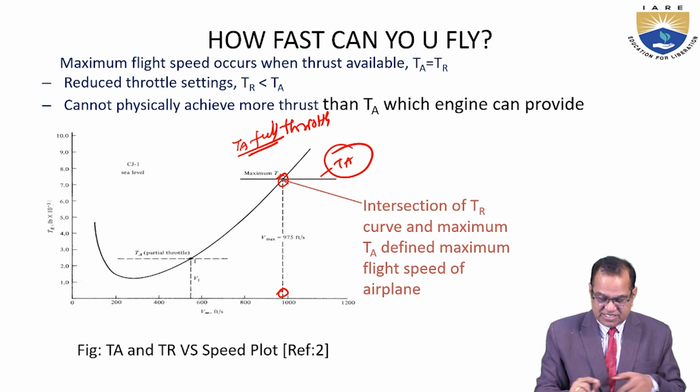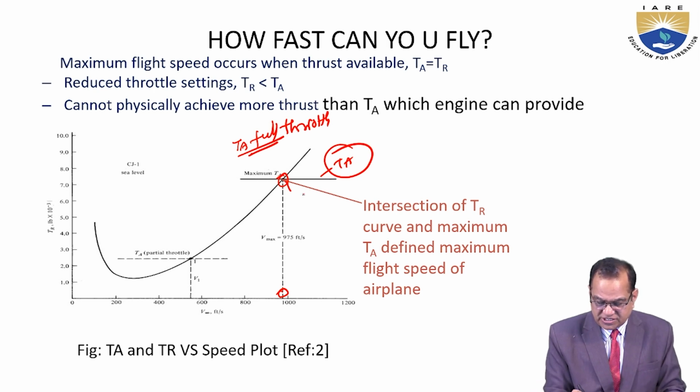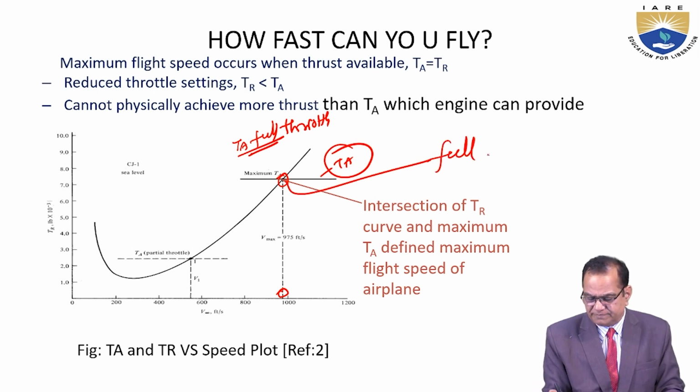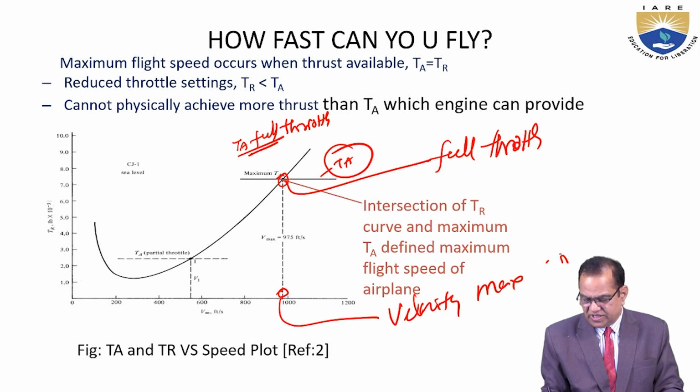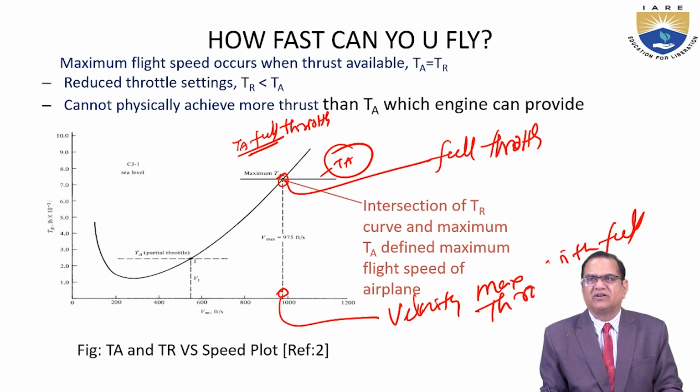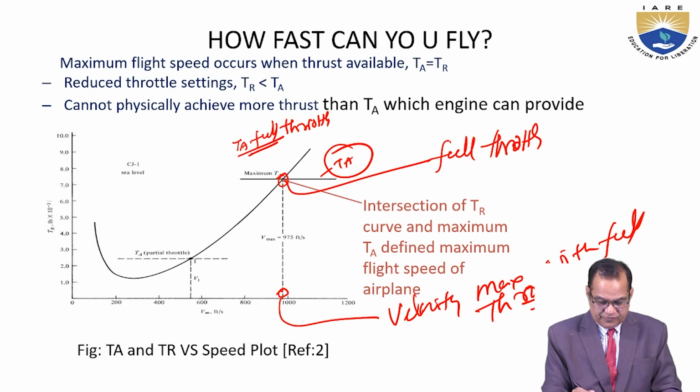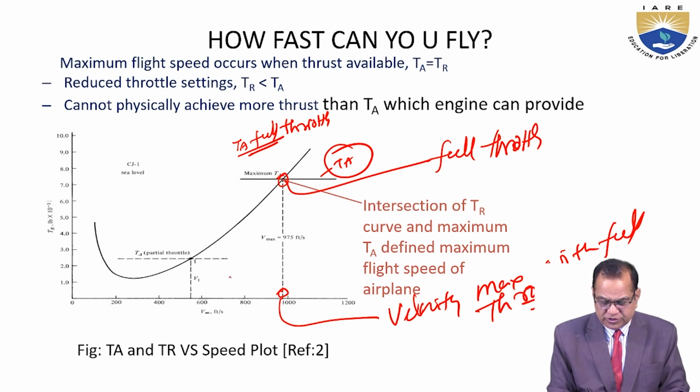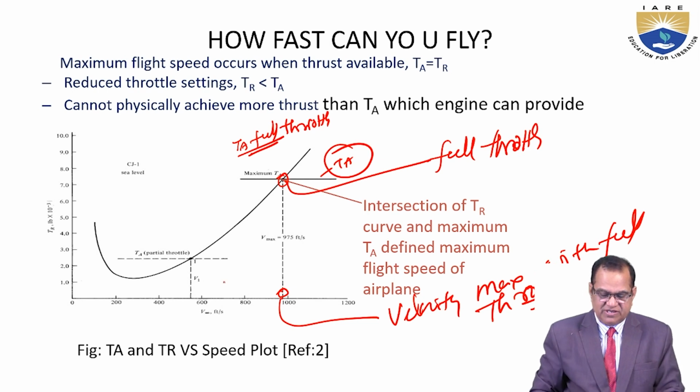That is why this is the point of full throttle, and this is the maximum velocity with full throttle. So these are the two things we have to understand, how fast we can fly.